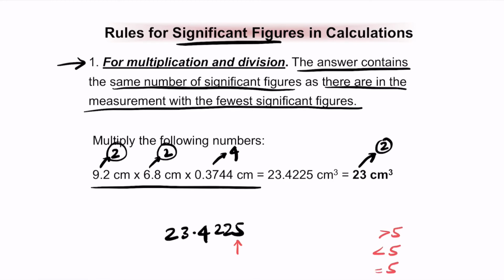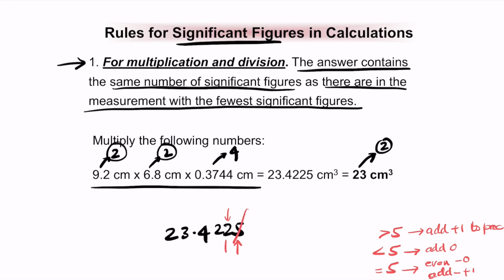If the number is greater than 5, add 1 to the preceding number. If it is less than 5, add 0. If it is equal to 5, only then, if the number before it is even, add 0. If the number before it is odd, add 1. Here the number is equal to 5 and the number before it is 2, so this can be eliminated directly.